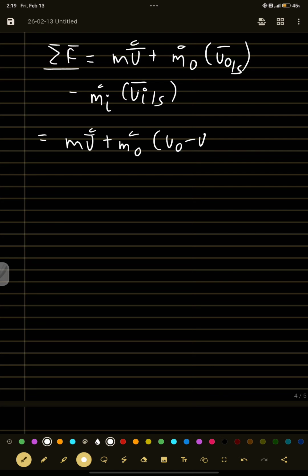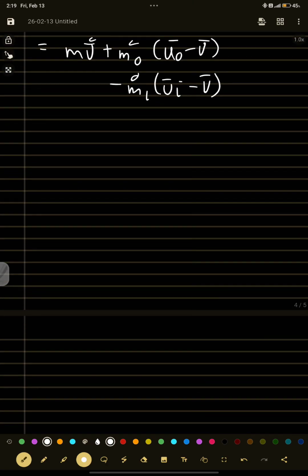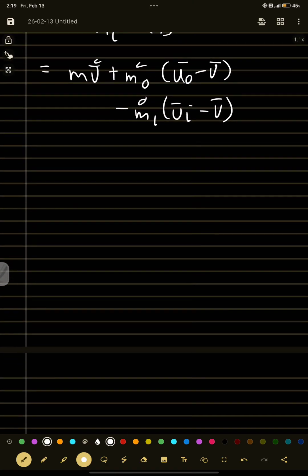What we did further was extend this for steady flow and fixed container systems, where the container's velocity is not there. So v goes to 0 and acceleration also goes to 0.